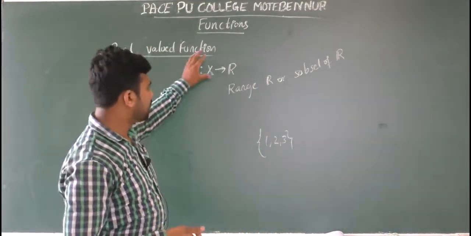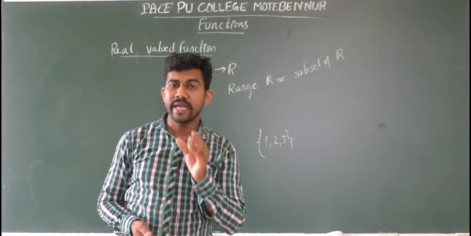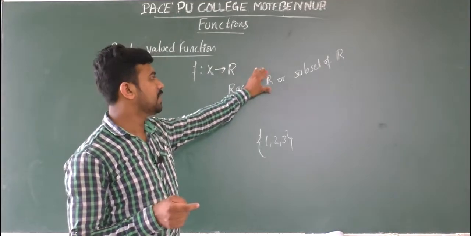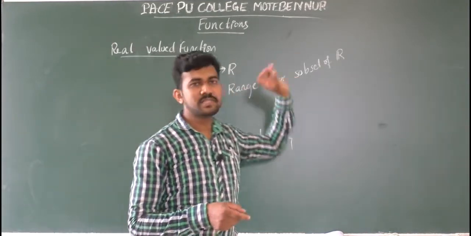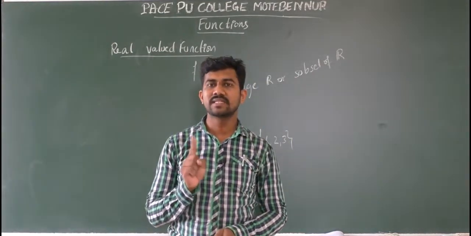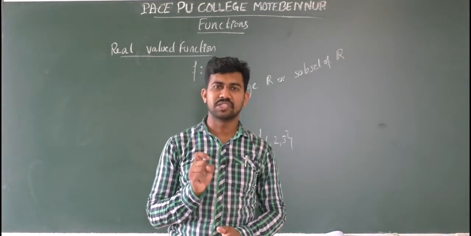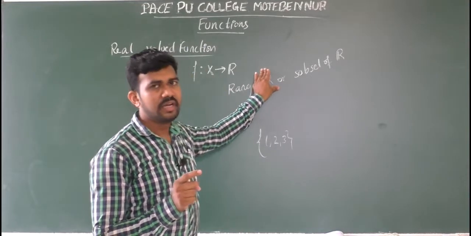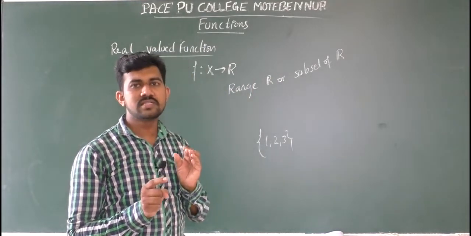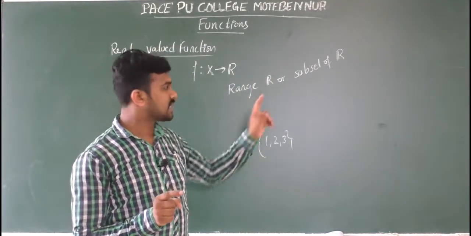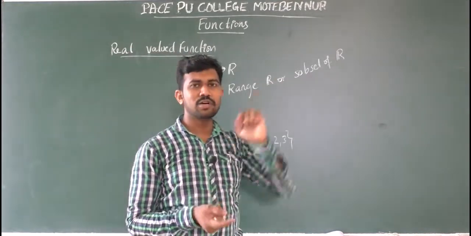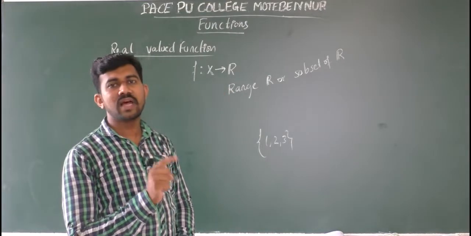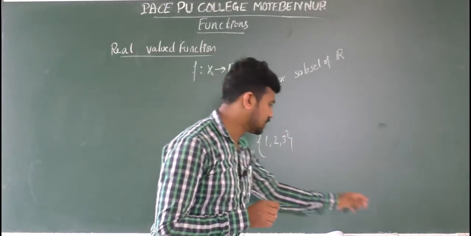So if you have a function whose range is either the real numbers or a subset of the real numbers, then we can say such a function is a real valued function.